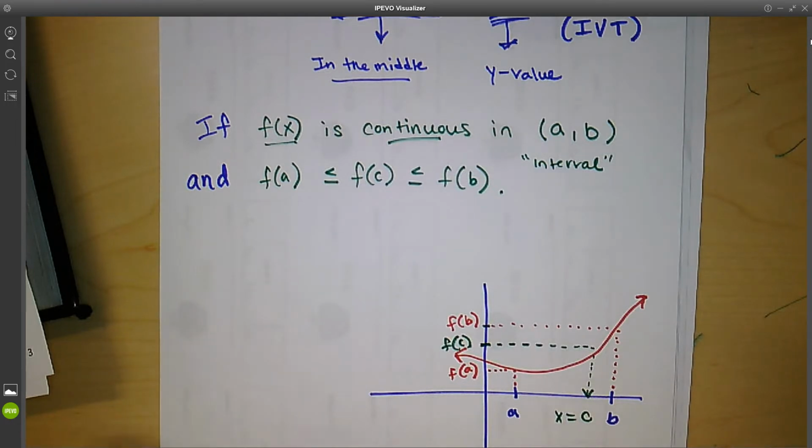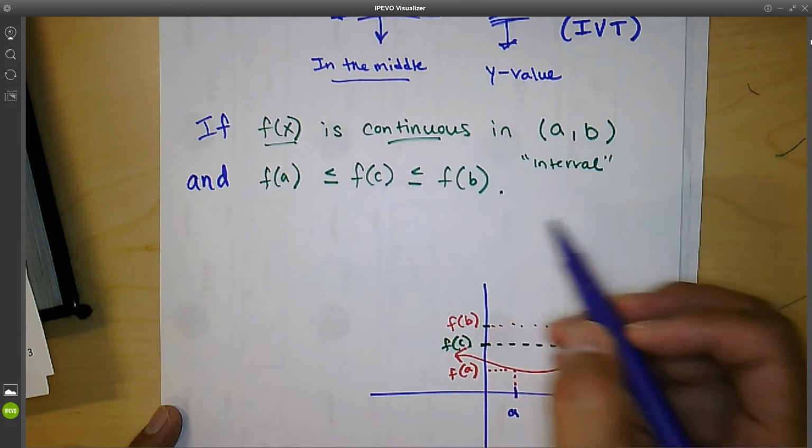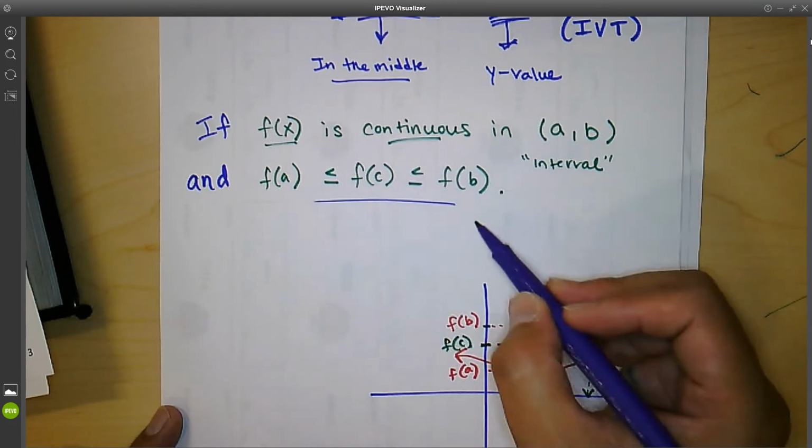And so let's write the conclusion. The conclusion can be kind of tricky because of the wording. Oh, this is the intermediate value theorem. You must use the name in your conclusion. So make sure you write the continuity. Make sure you write an in-between statement.